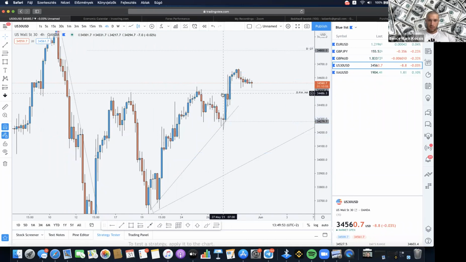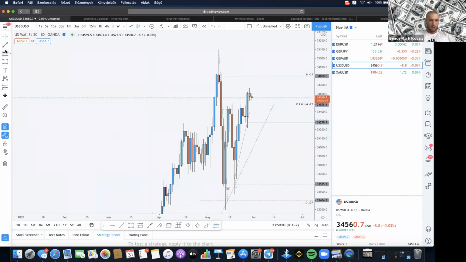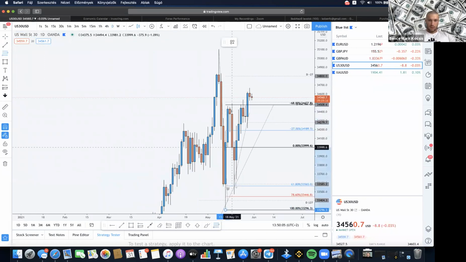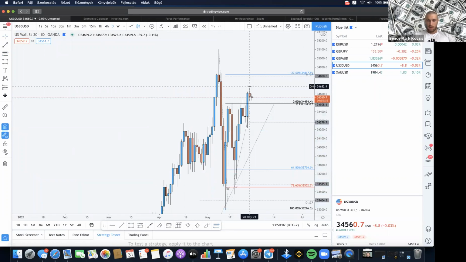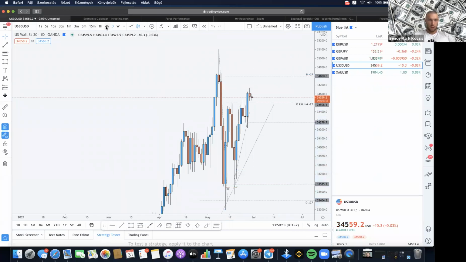Let's have a look at what's possible. The previous daily Fibo is still not completed. So you can see the minus 27 is still higher, so there's still room. It continues higher to there, and after we will see how the price rejects. Possibly some bigger pullback. At the moment, we can use the daily.